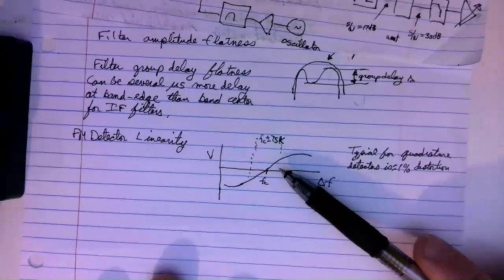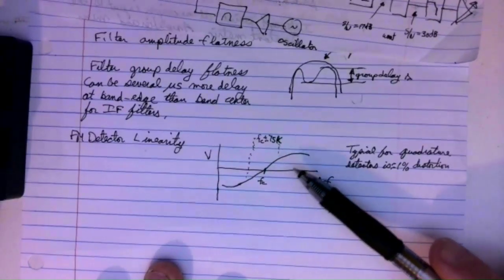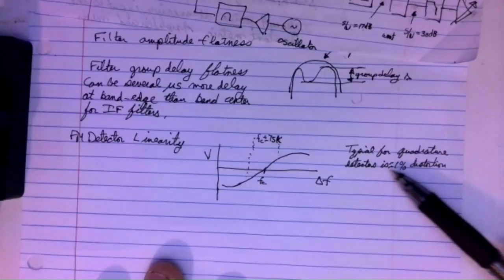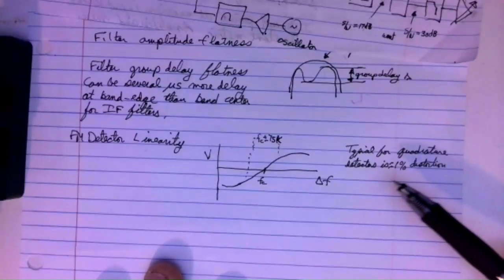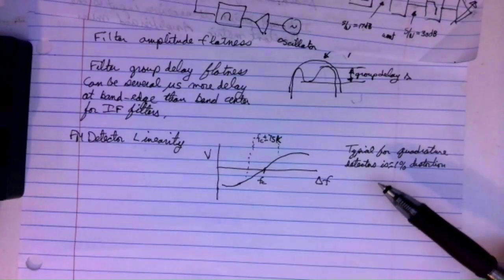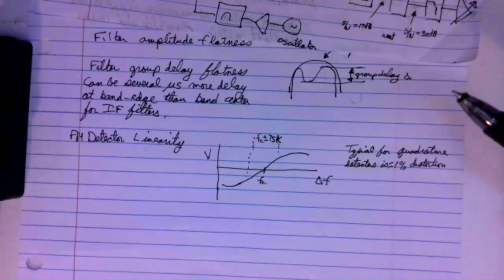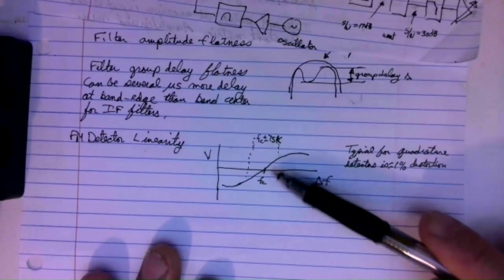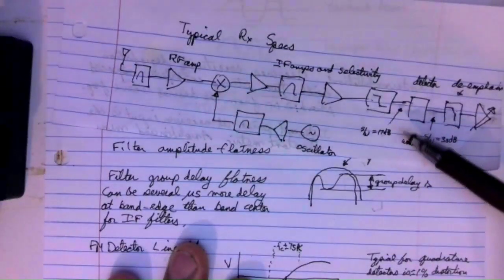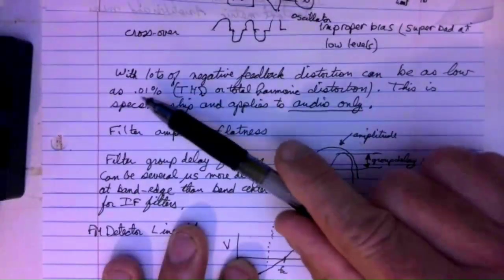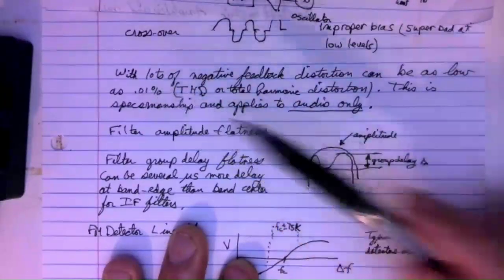And when I say relatively flat, it's not completely flat, because the typical distortions for the quadrature detectors are on the order of 1%. So this is not perfect. And don't forget, there's going to be some distortion from the transmitter too. So even if your receiver is perfect, there'll still be some distortion. So if you're thinking seriously about this number right here, just forget it.